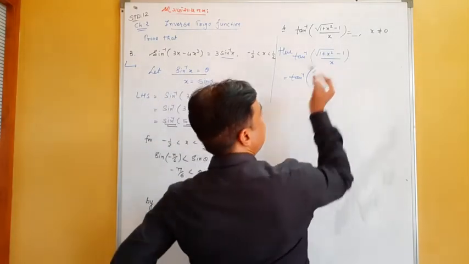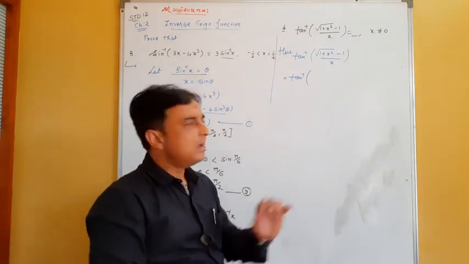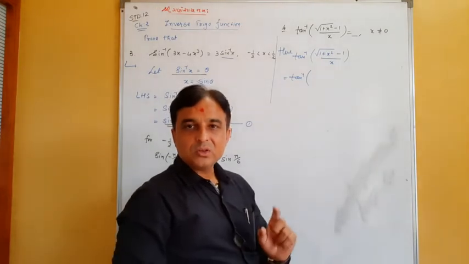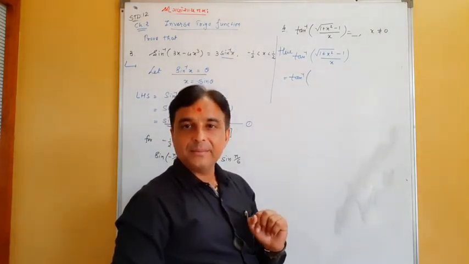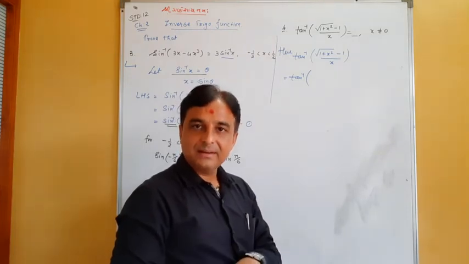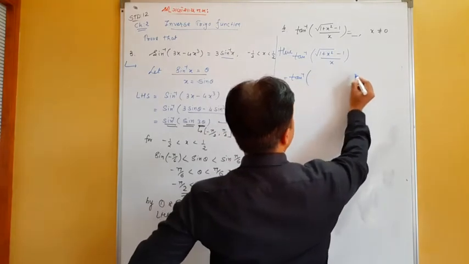So what will we assume as x in terms of a trigonometric function, so that the root of 1 + x² becomes possible? Let x equal tan θ. So 1 + tan² will be sec², right?